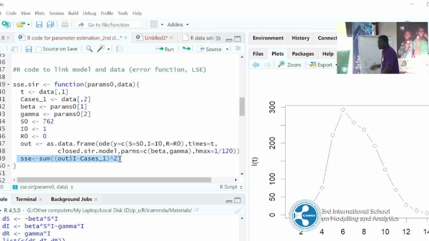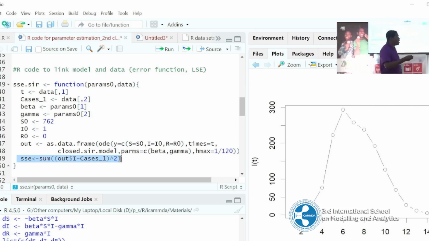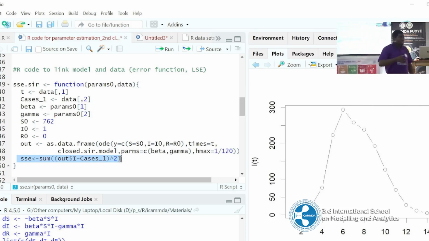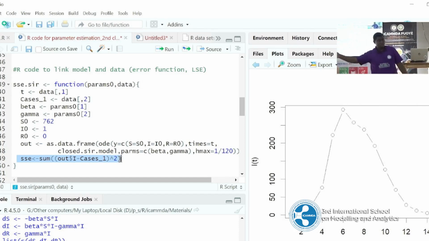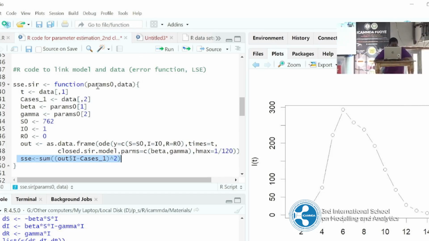That's why the other day I asked you to check your outputs with different values of beta. If your beta and gamma are different values, you also have different outputs. But we are interested in the parameter values that minimize that error function. Is that taken? Okay, so this is how we define the error function, because of what we need in there.